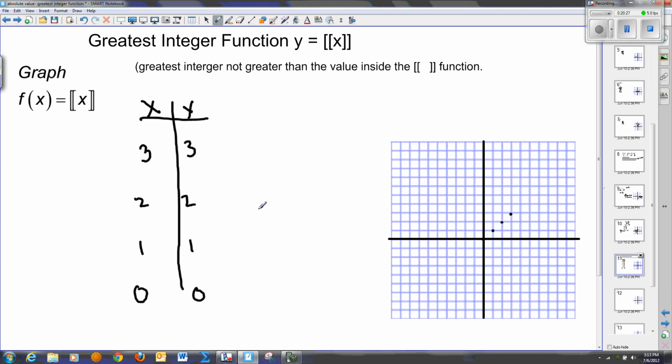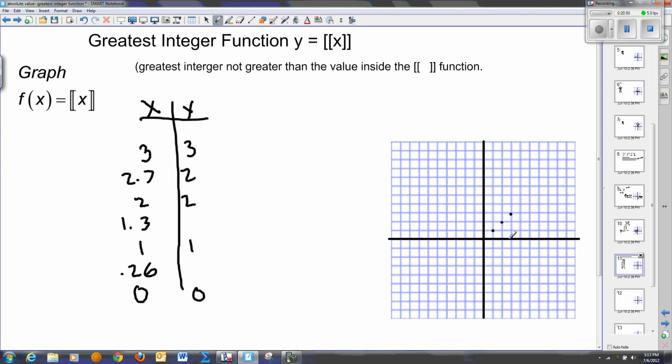Now, the trick comes when we start plugging in non-integer values like 2.7, 1.3, 0.26. Now, if I ask, what is the greatest integer not greater than 2.7, that answer is 2.